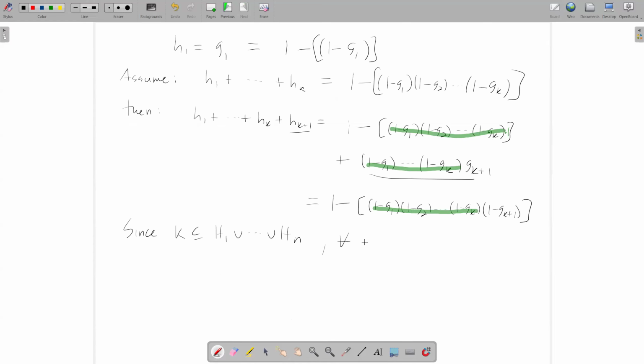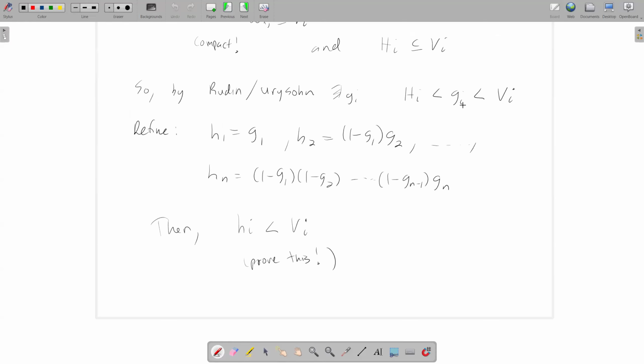For all x in K, there exists a gi such that gi(x) equals 1. So if x is in K, it's in some Hi. And remember where all this came from.